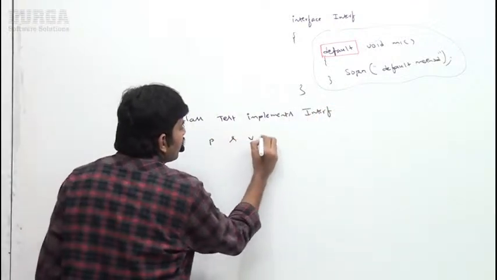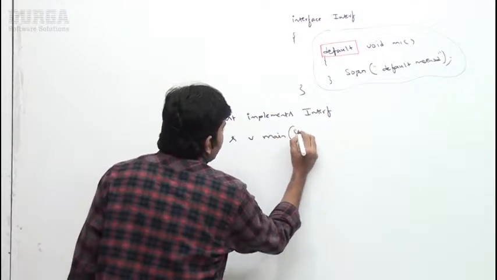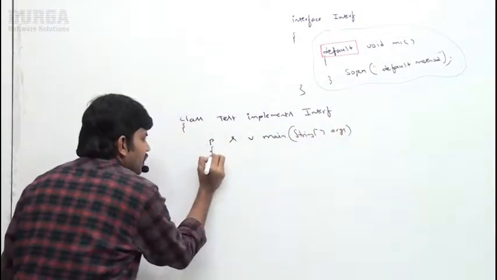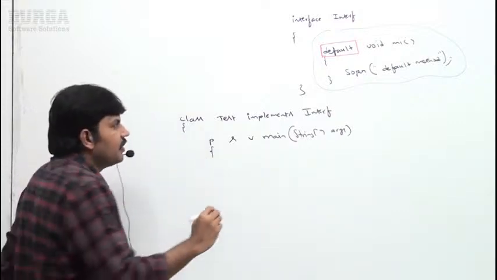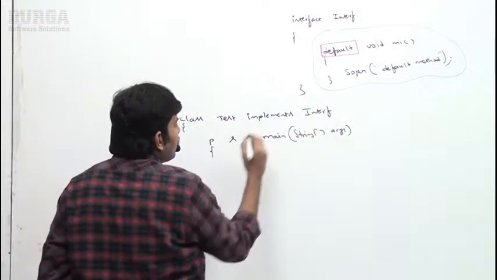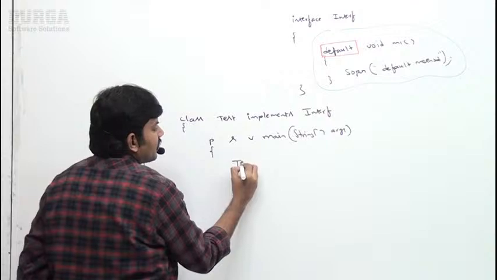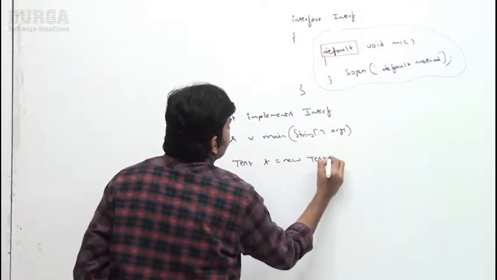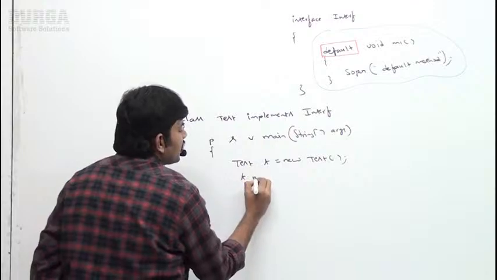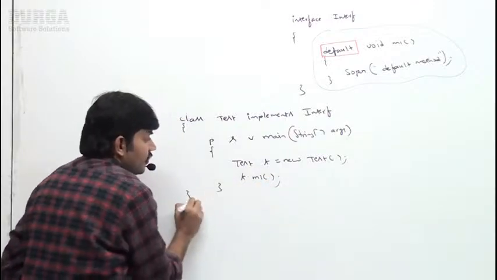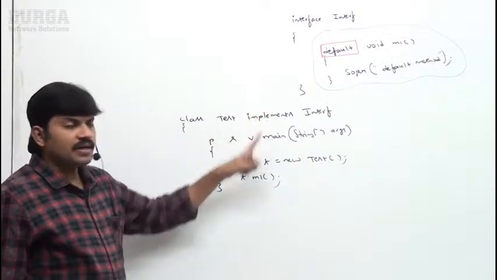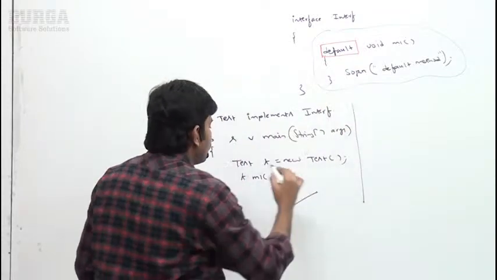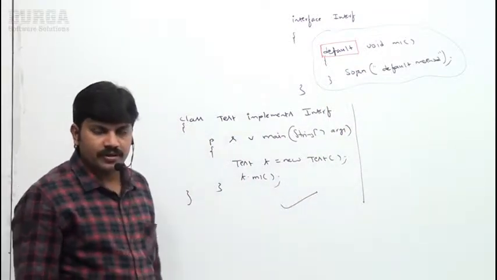Now public static void main(String[] args). Here let me take Test t = new Test(); t.m1(). Happily, this m1 method by default is going to get the chance, it will be executed.